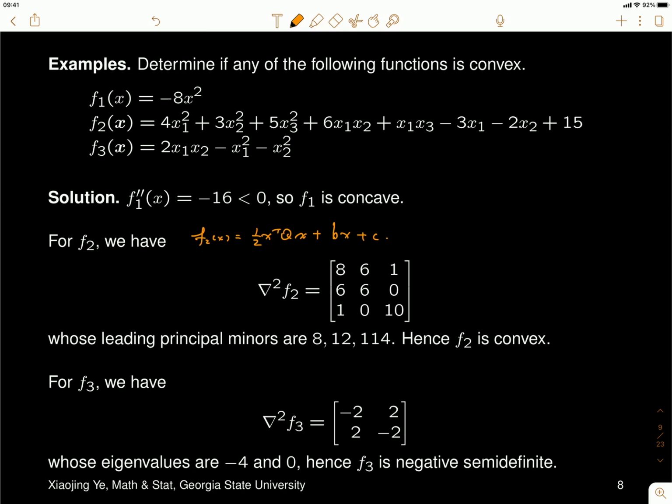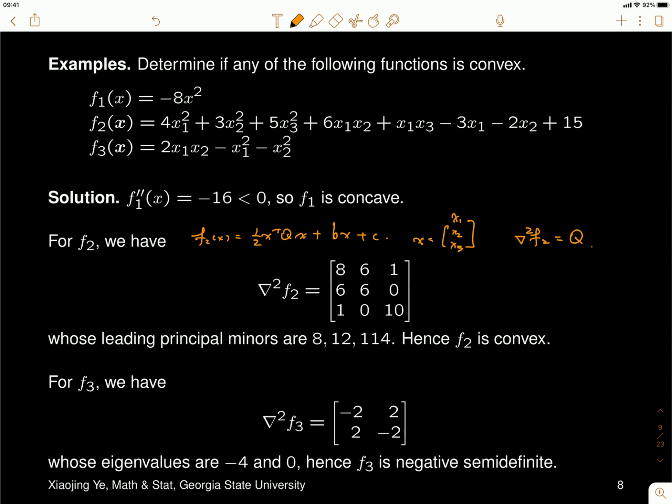The question is that x is equal to x1, x2, and x3, but what are Q and b? Actually, b doesn't really matter because we take the derivative twice. The Hessian of f2 will be just equal to Q. So we just need to check what this Q is.